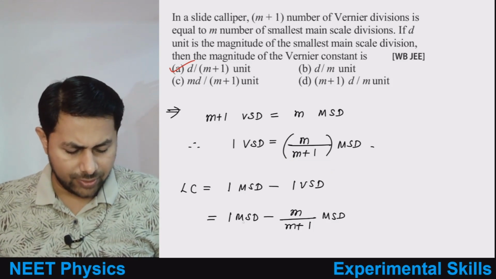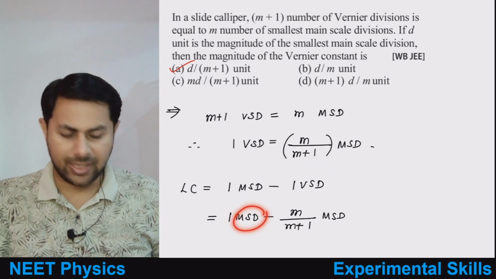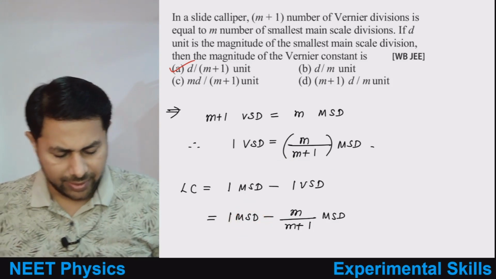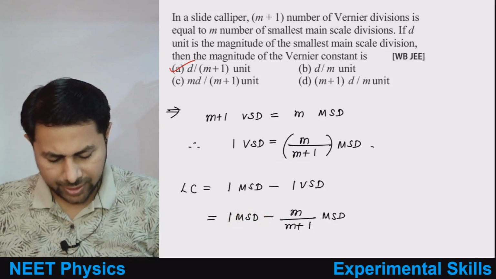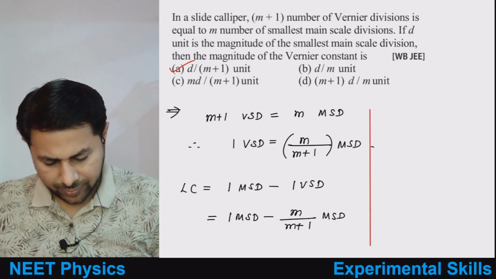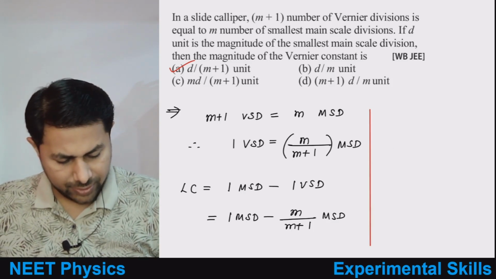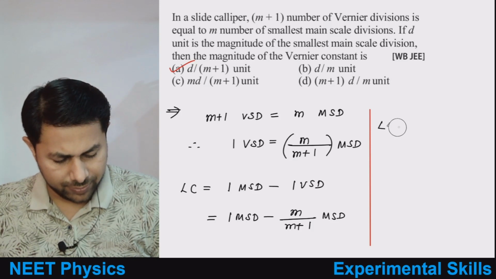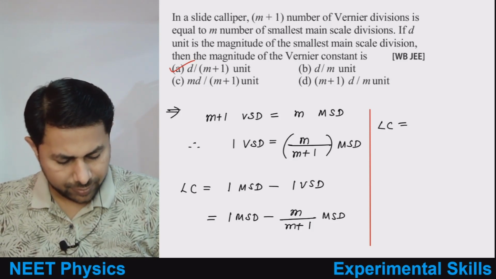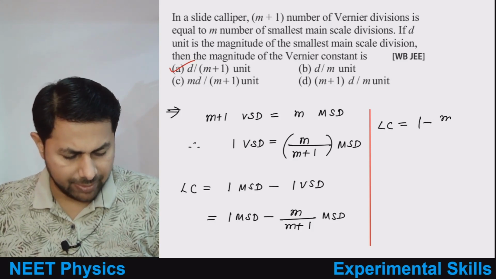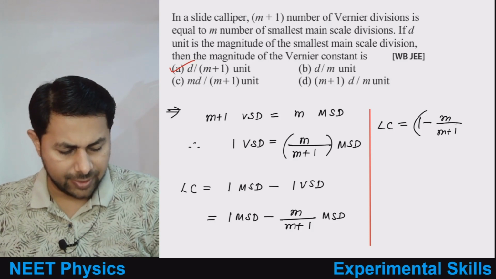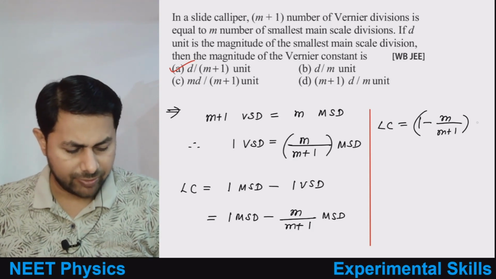You can take this MSD, main scale division, common. Therefore the least count is equal to 1 minus m divided by m plus 1 times MSD. But what was MSD?